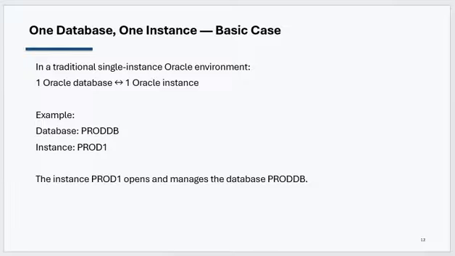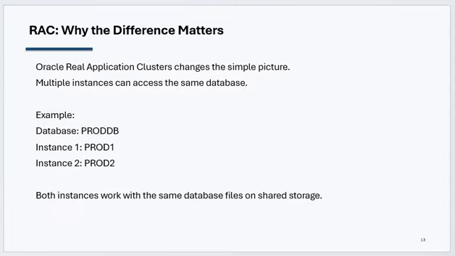The instance manages access to the database, and this is the basic architecture you will see in a standard Oracle installation. But there is one important exception in the case of Oracle RAC, where we have more than one instance. Oracle Real Application Clusters, or RAC, changes the simple one-to-one picture. In RAC, multiple Oracle instances can access the same database. For example, we can have one database called ProdDB, with physical data files, control files, and online redo log files placed on the disk.